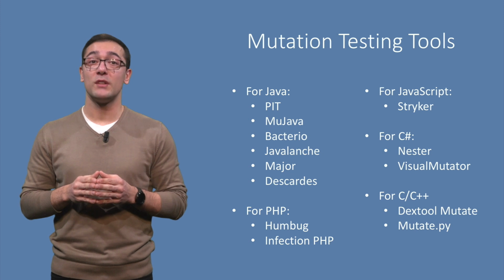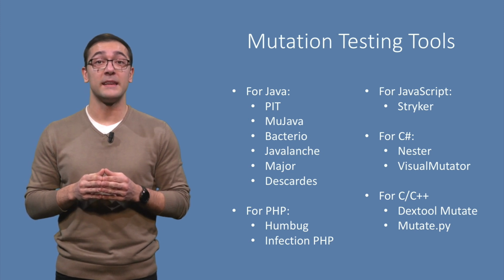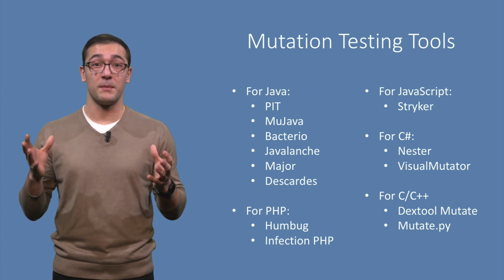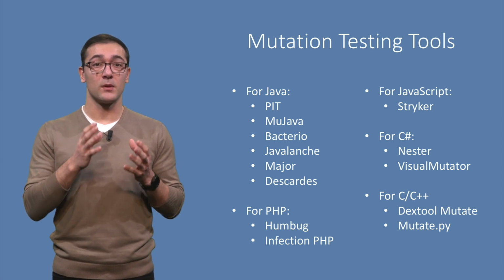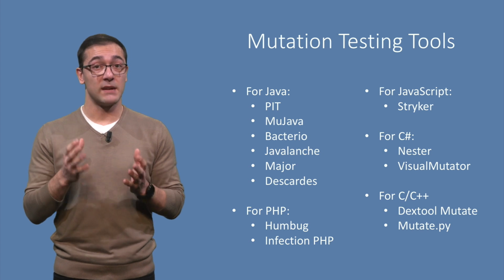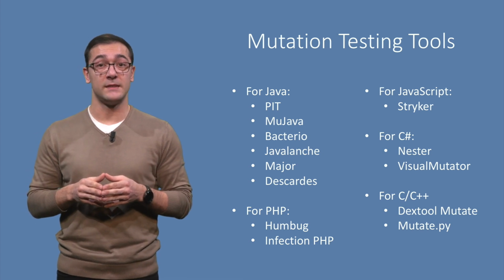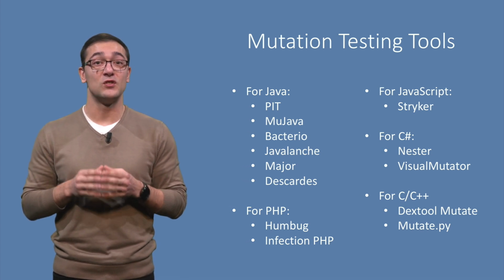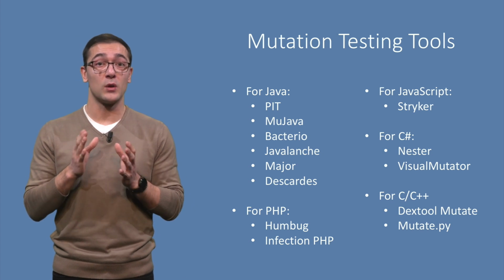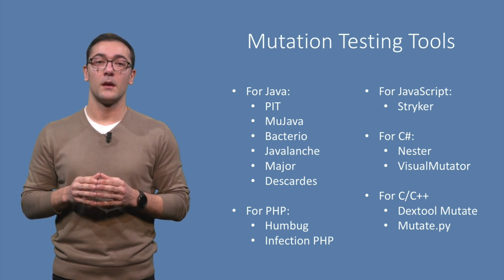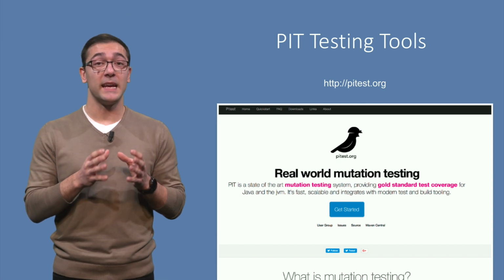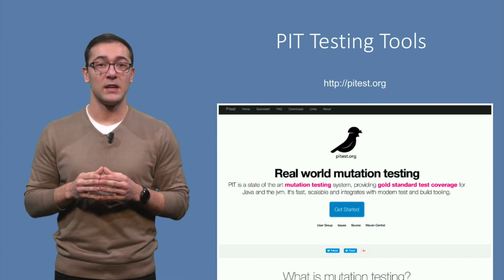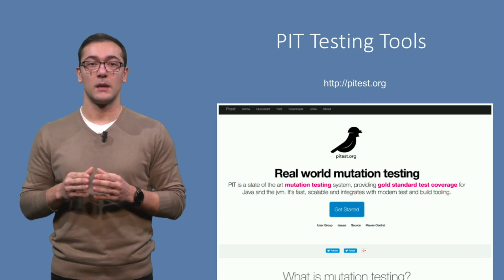Nowadays, there are many mutation testing tools publicly available for most of the programming languages. Here, we have just some tools for Java, JavaScript, PHP, and C. Therefore, this is not an exhaustive nor a complete list. One of the most mature tools for Java is PIT testing, which is a publicly available tool for Java code.